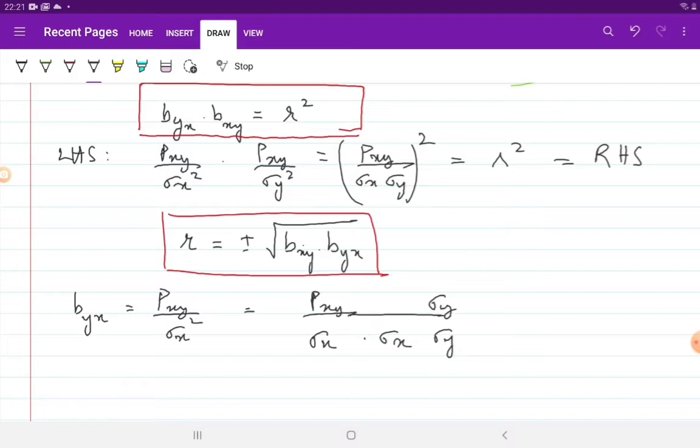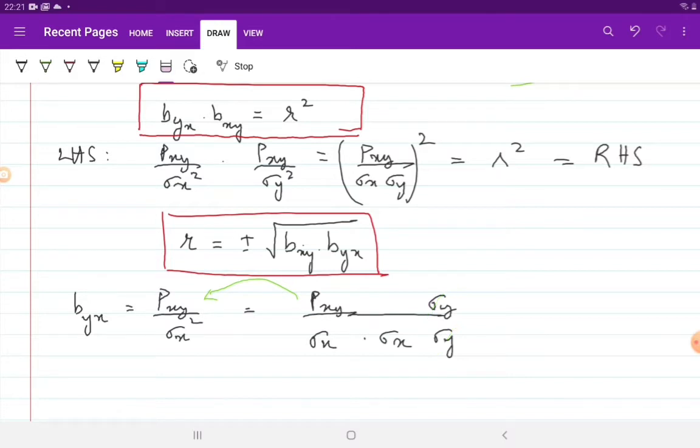That is, I'm multiplying and dividing by sigma y. So in effect, these two will cancel and I'm left with the same formula as the earlier one, right? So this is just a mathematical manipulation where the value of byx is not changing.